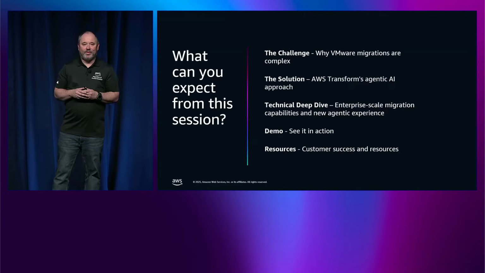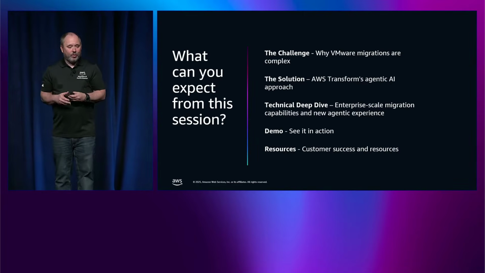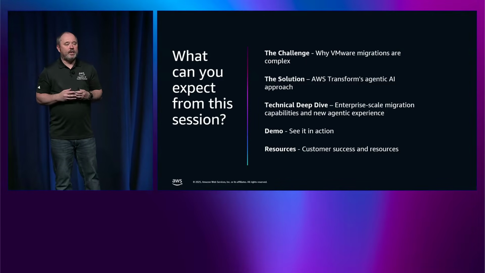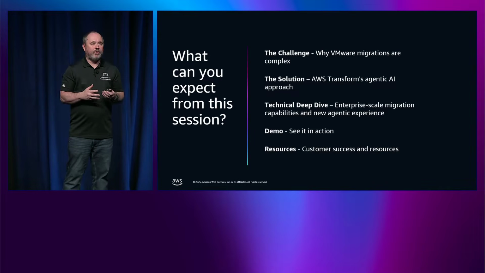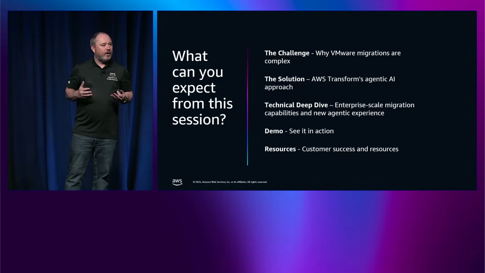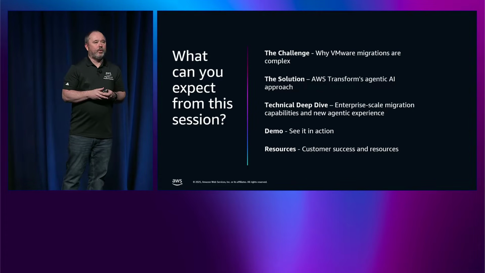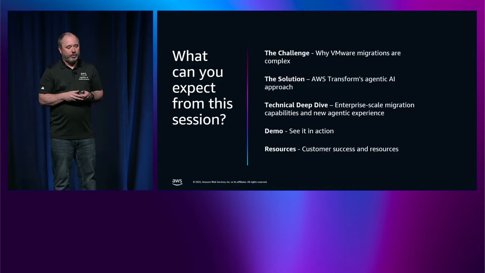I know folks are very eager to get hands-on with the new service and the offering. So we're going to walk through this in a couple of chapters for you. I'm going to start by teeing up the challenge that customers are facing when it comes to migrations. And at AWS and Amazon, we always work backwards from our customers, right? We hear what you're asking for us to build, and then we go attempt to solve those problems for you.